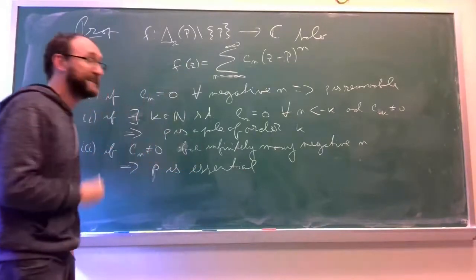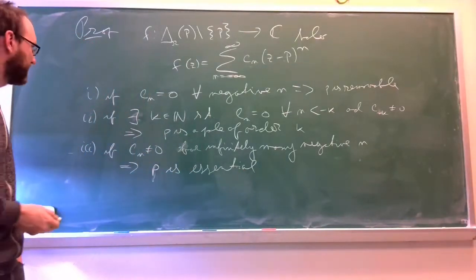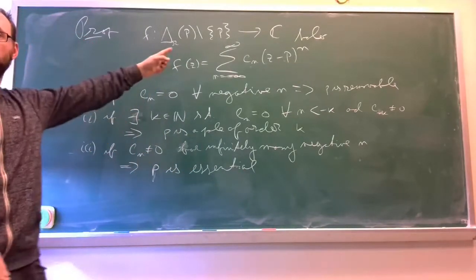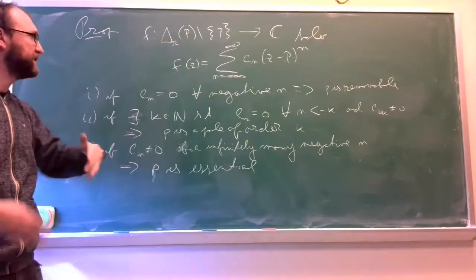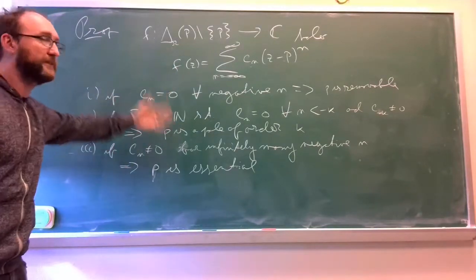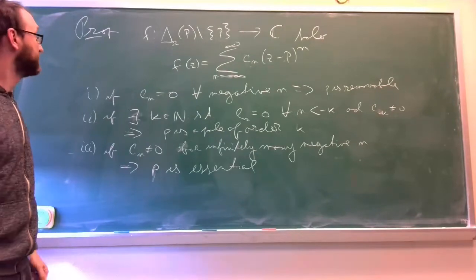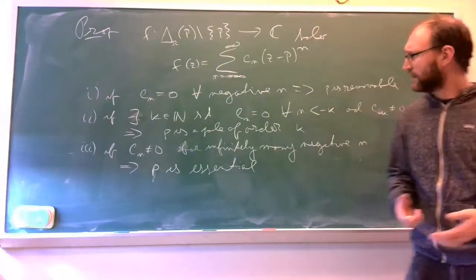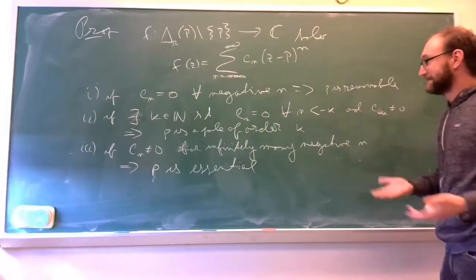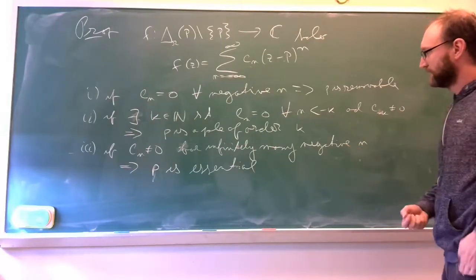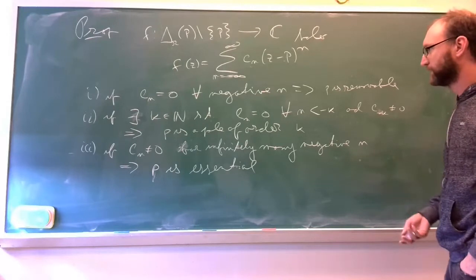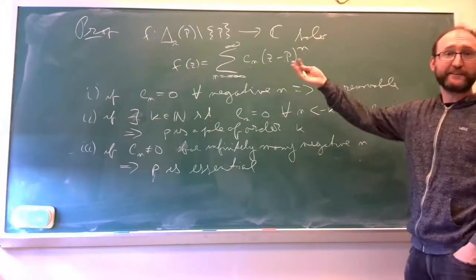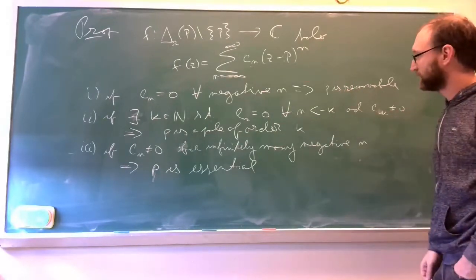Okay. It is an essential singularity, right? So if you can compute the Laurent series, you have the classification of the isolated singularity. Of course, can you compute this series is then the trick, right?